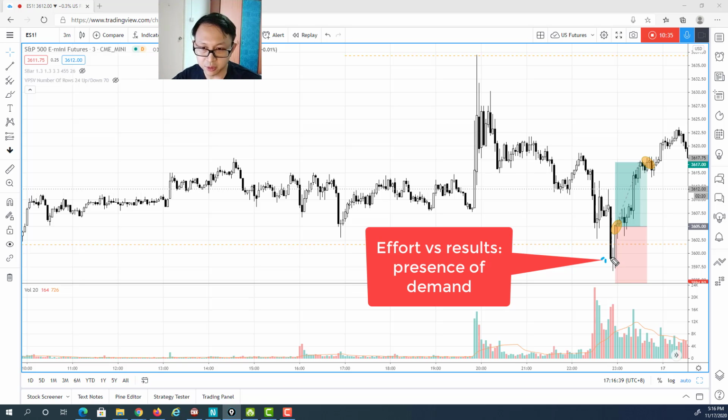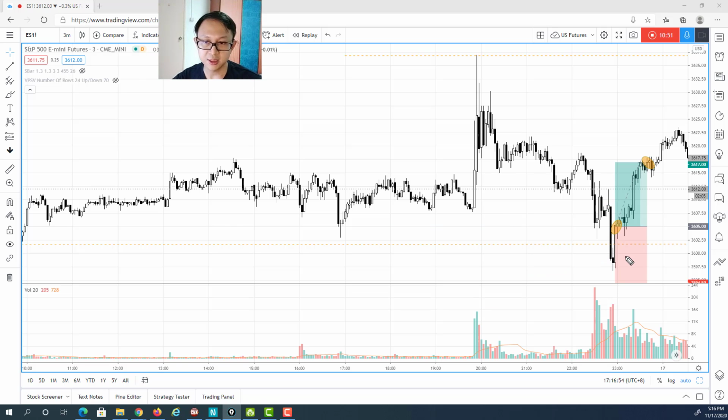Take a look from close to close here. The progress to the downside is little compared to the previous bar, where the progress to the downside is huge. And also we have a demand tail as well. So all these are the clues showing there is demand coming in at this last bar here.